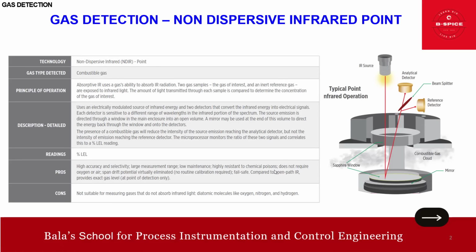Highly resistant to chemical poison and does not require oxygen or air, and span drift potential is virtually eliminated, meaning no routine calibration required. See the beauty of this. And fail safe compared to open path, which we are going to talk about in the next video.